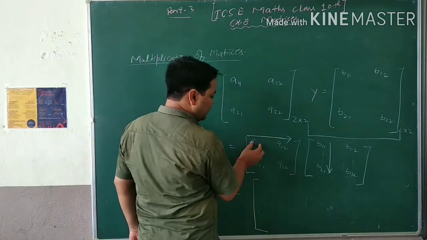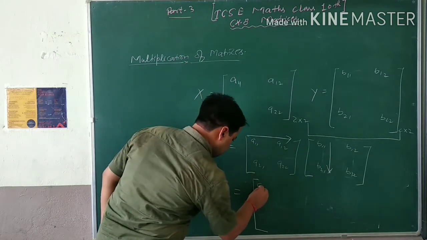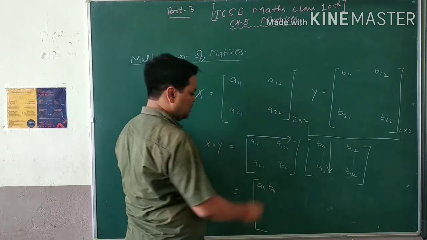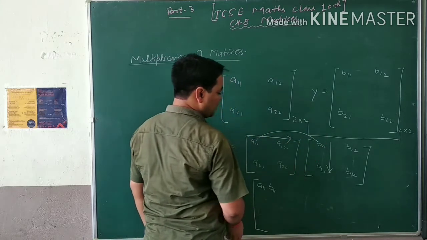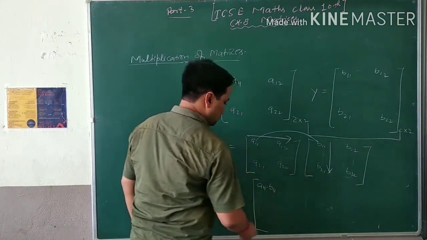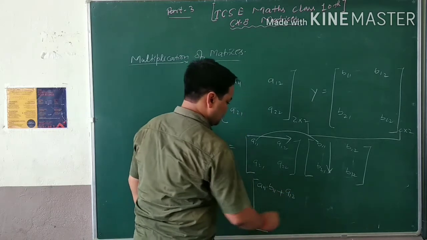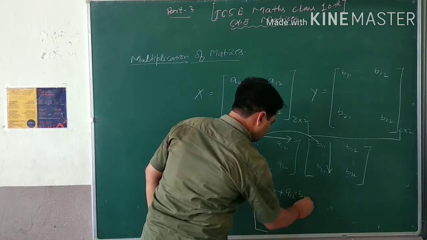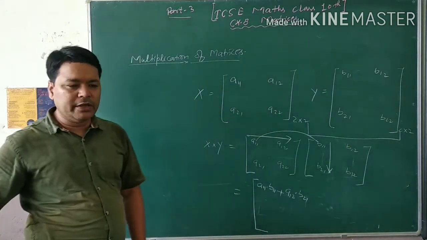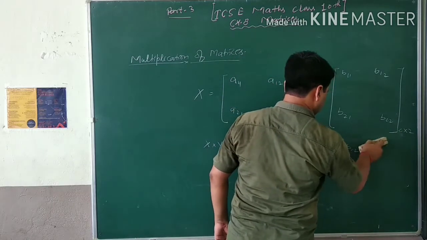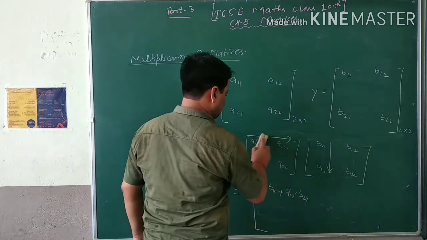So we multiply A11 into B11. After that, we multiply this and this, plus A12 into B21. First of all, we do it like this. Multiplication of the two matrices.